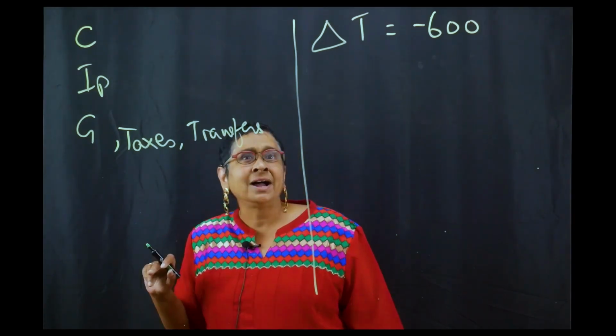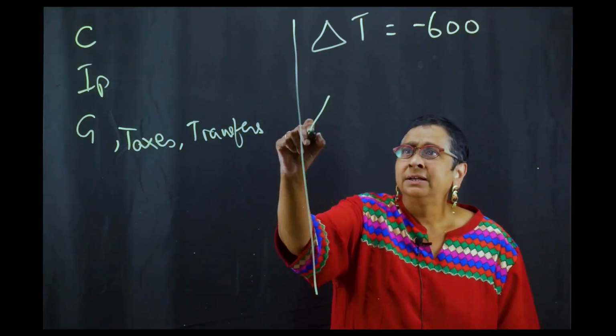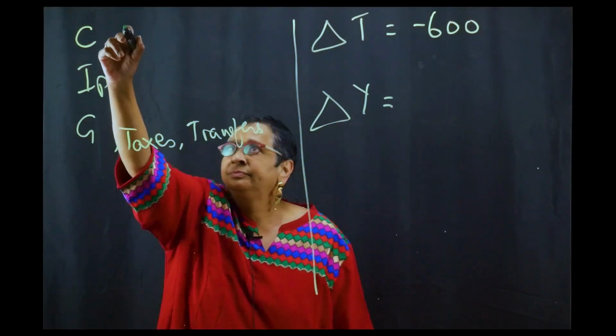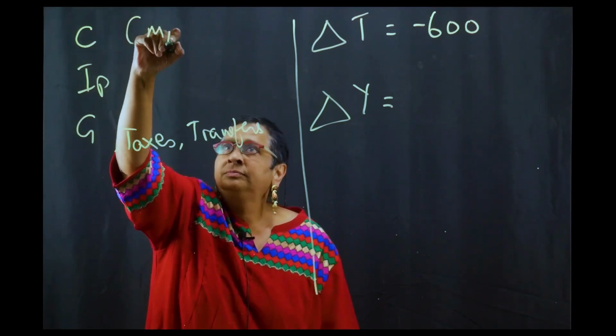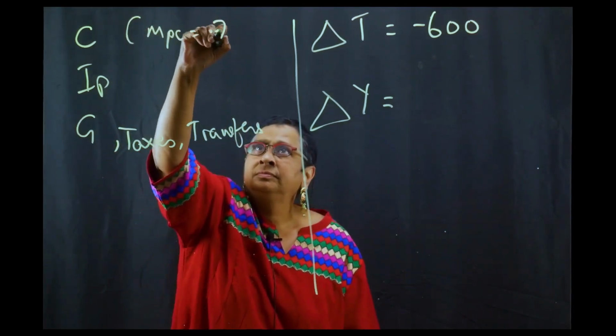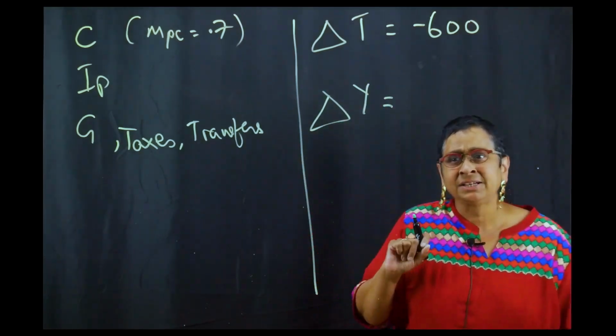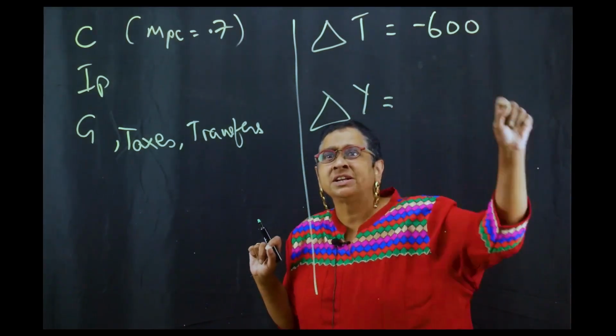And the answer is I can take a look at that impact in exactly the same way I did, except just a reminder, we're using MPC equal to 0.7. The first impact is not going to be 600.